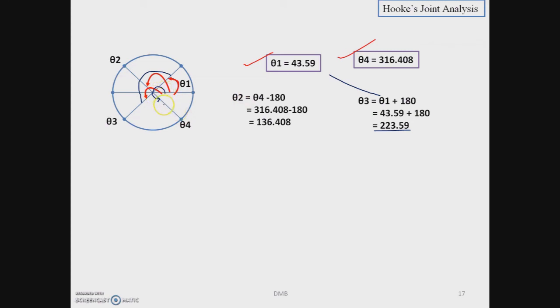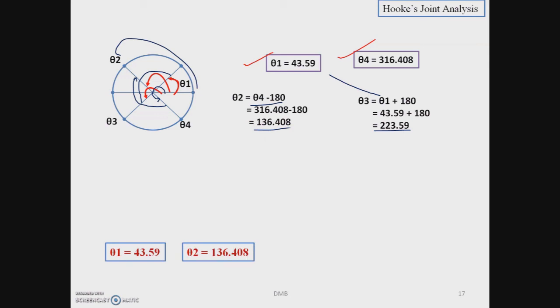Theta 4 minus 180 will give theta 2, so theta 2 equals 136.408. So theta 1 is 43.59, theta 2 is 136, theta 3 is 223, and theta 4 is 316.408. These are the values of angular displacement of input shaft for which the speeds of both the shafts are the same.